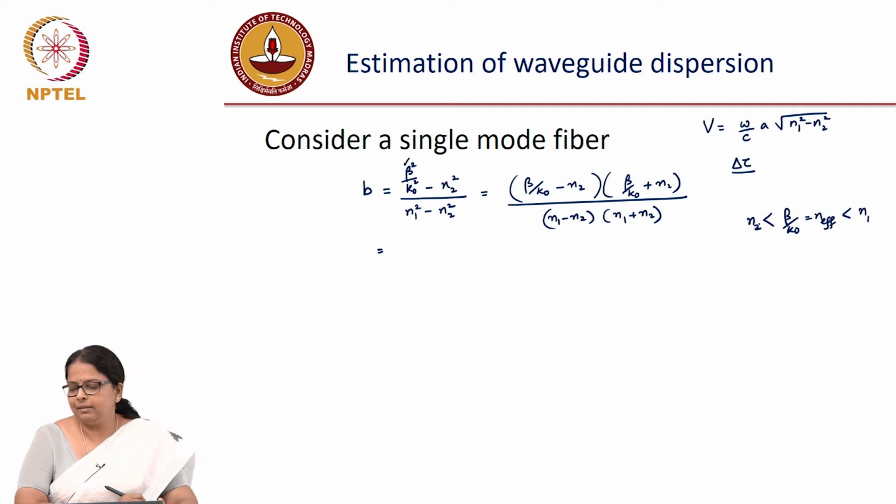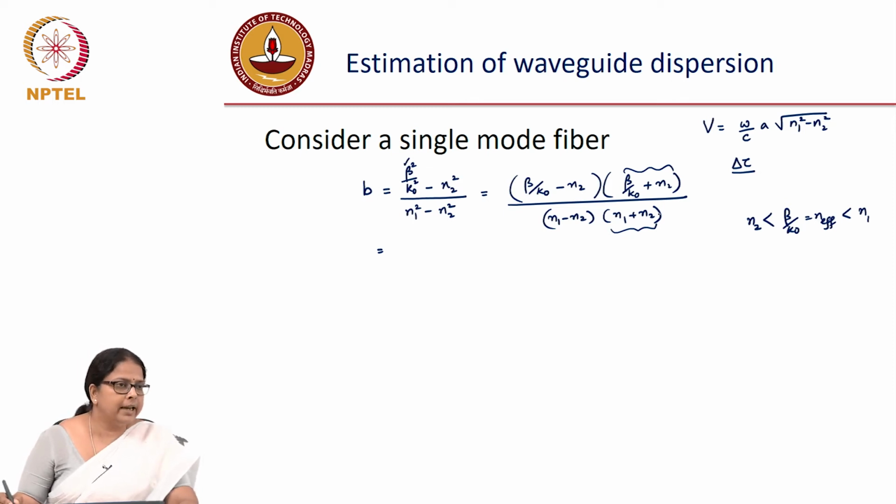So, what I can think of doing is that the sum of these two, beta by k naught plus n2 and n1 plus n2, I can approximate that the numerator and the denominator are almost identical, okay. But the differences I cannot ignore, because the ratio of the differences is what is going to give you the most contributing value for B, okay.